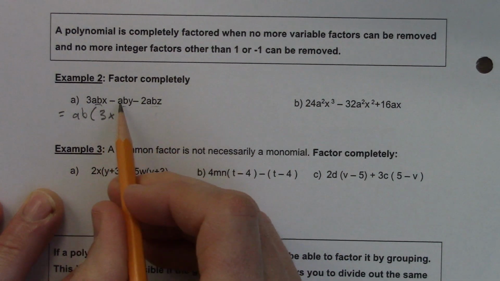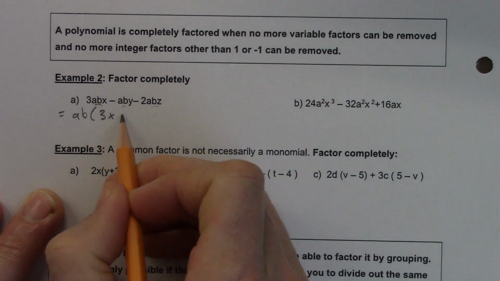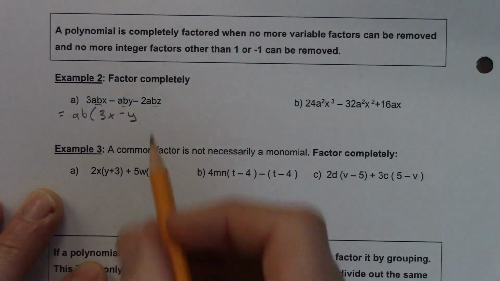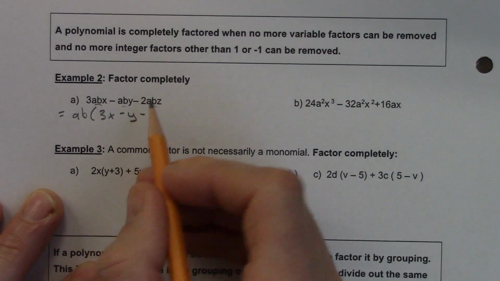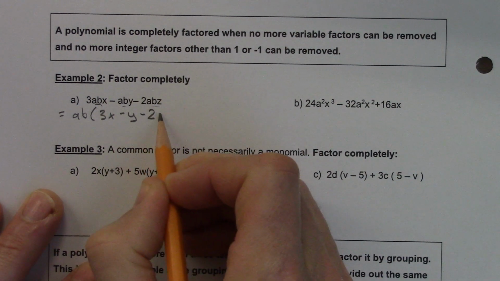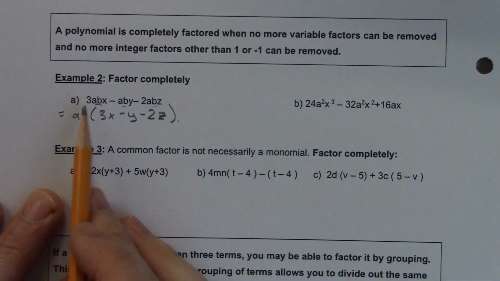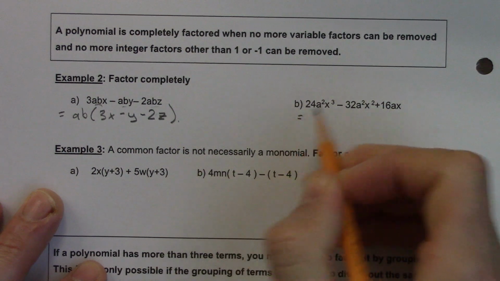Now, minus aby divided by ab. Yeah, negative y, good. And then the last one, minus, because of the minus sign, 2z, right? Now, if you want to check, you can multiply it out. You should get that.